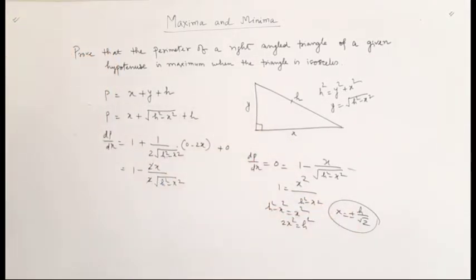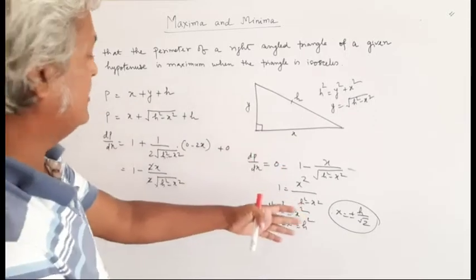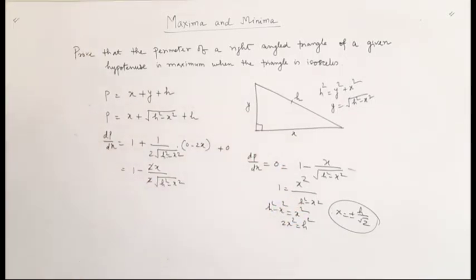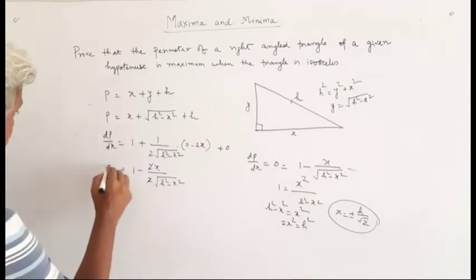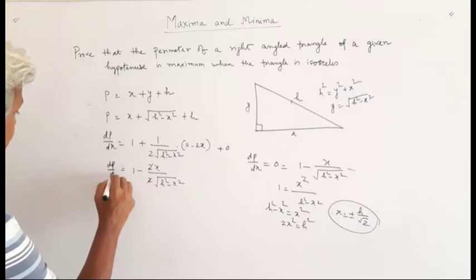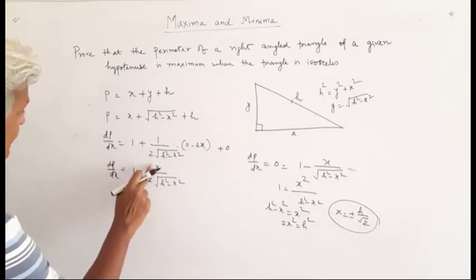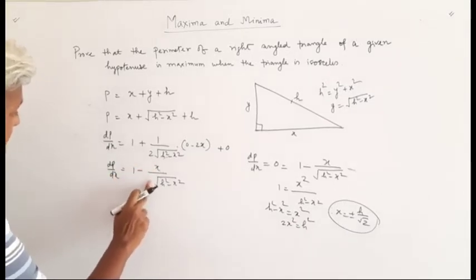Now we have to find whether at this value the second derivative d squared P over dx squared is negative or not. So I think I can do it here. This is my dP by dx, where the 2 and 2 have already cancelled, so I remove them from here.